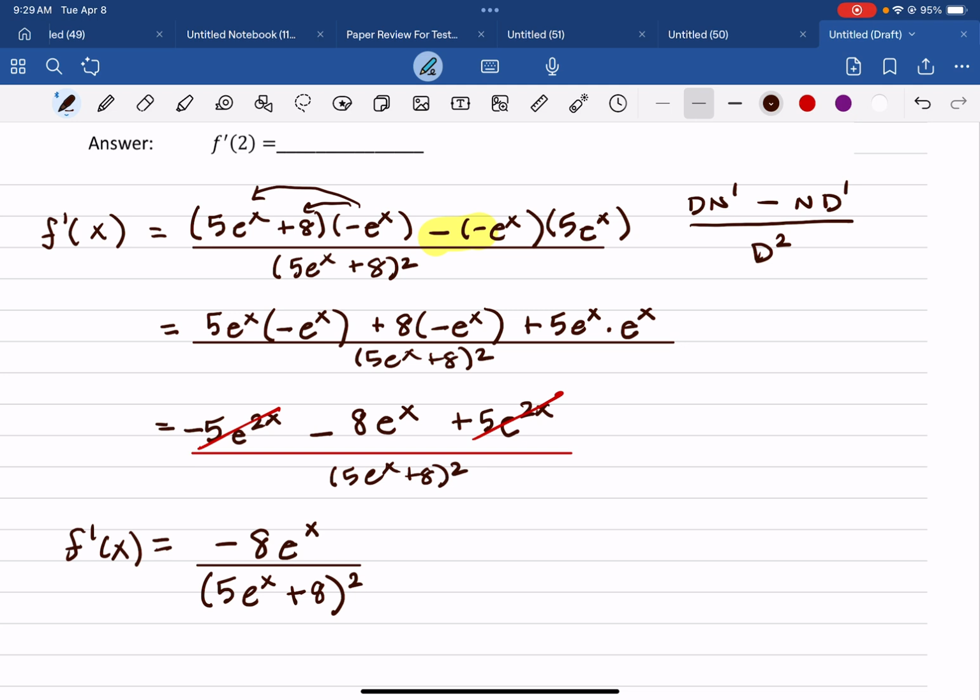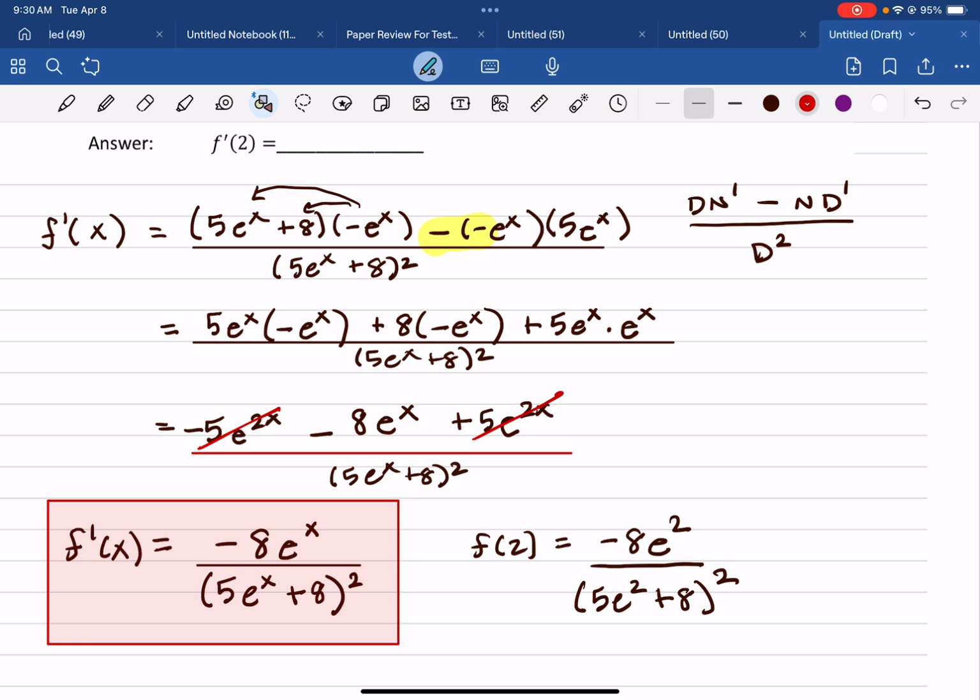Now, to evaluate that at 2, we're just going to substitute a 2 in every time we have an x. And so that's going to end up being negative 8e squared divided by 5e squared plus 8 quantity squared. So that is the first answer, f prime of x, and that is the second answer, f prime of 2.